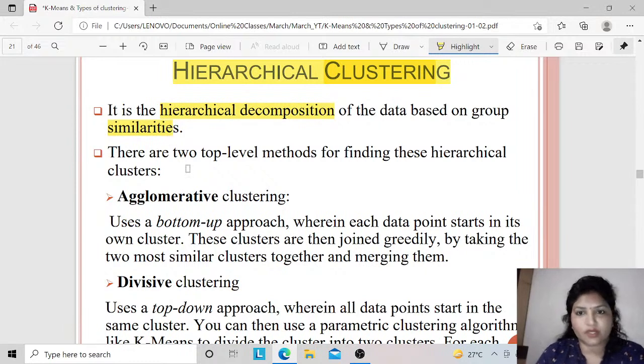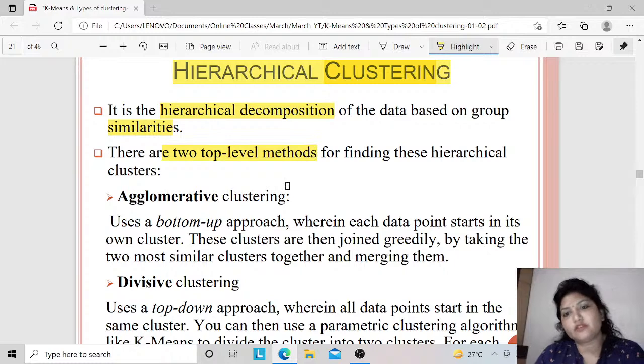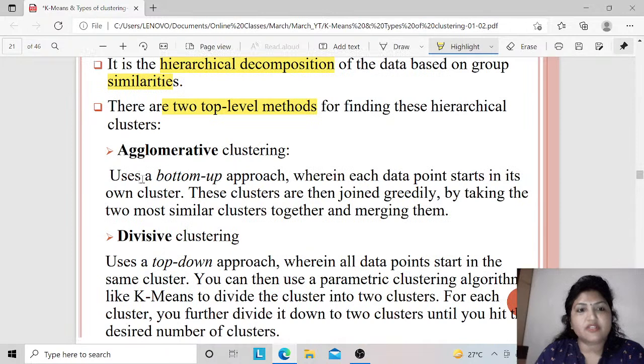same cluster, right? So when we talk about hierarchical clustering, there are two top level methods for finding this hierarchy. First is agglomerative clustering. Second is divisive clustering, right?